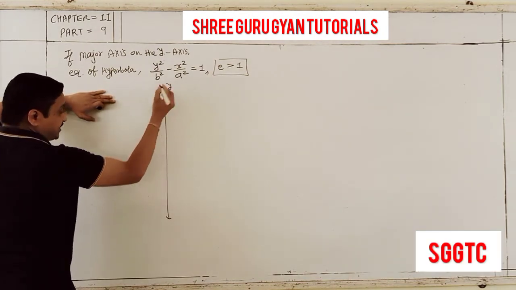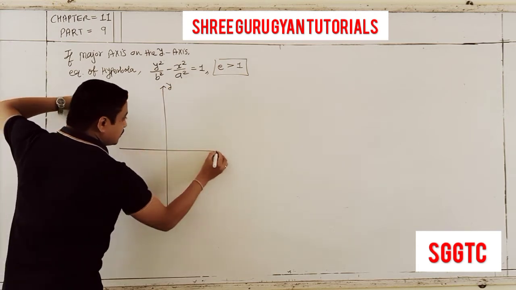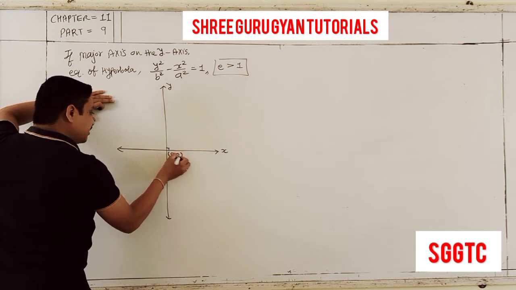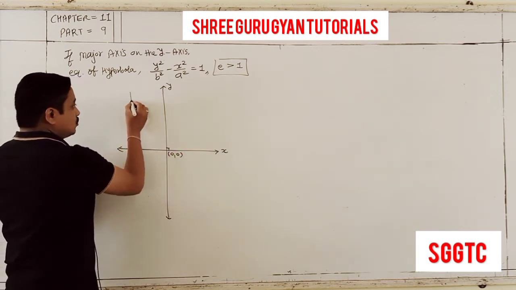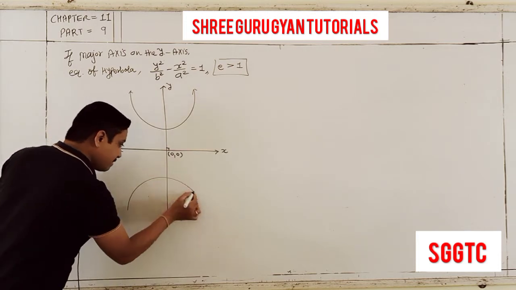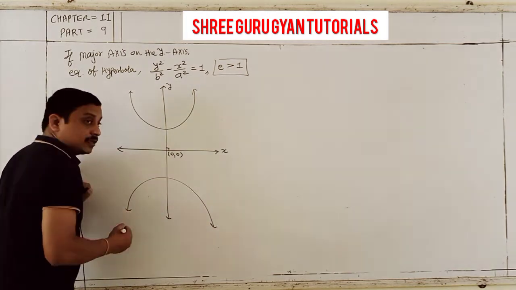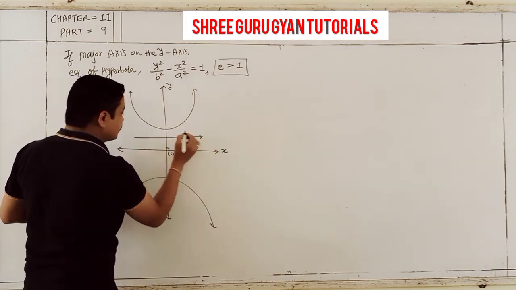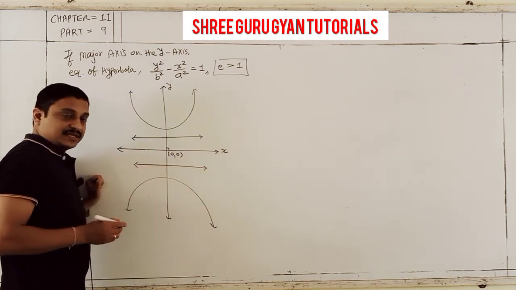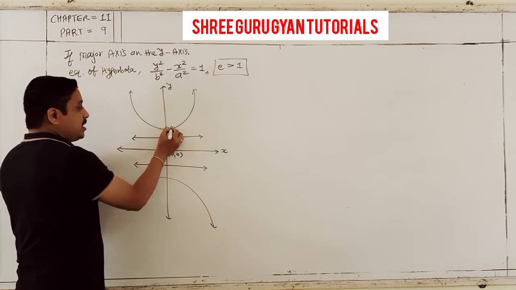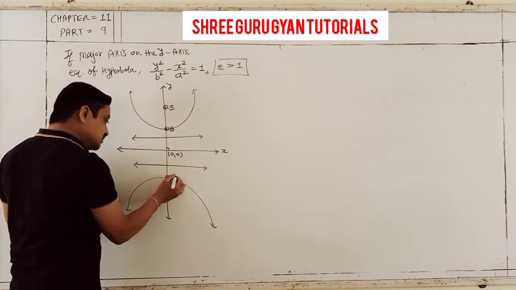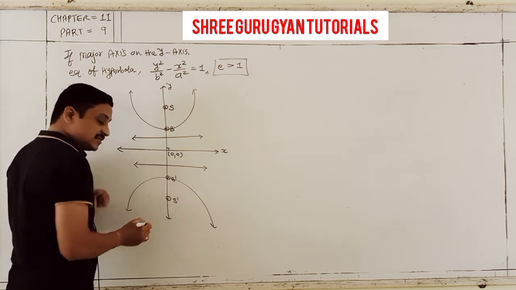The transverse axis is the y-axis, here is your x-axis, and that is the origin, its center. This curve is your hyperbola. Here are your two directrices, first directrix and second directrix. Here are the endpoints B and B dash, and the foci S and S dash.